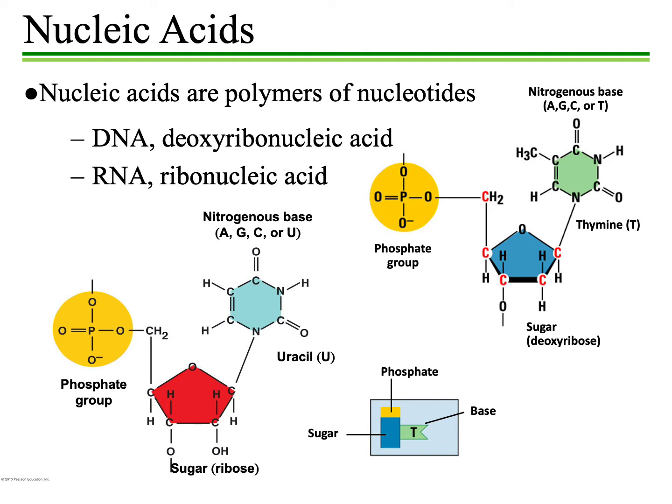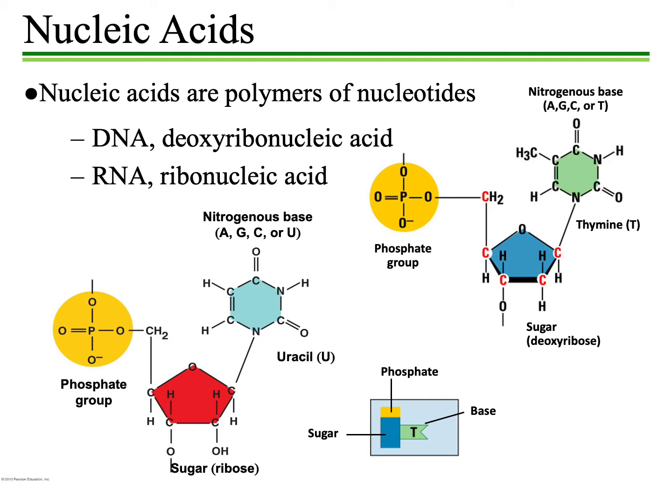In this figure, you can see the nucleotide structure for both a DNA nucleotide as well as an RNA nucleotide, and I'm going to highlight some of those differences here in just a minute. The one thing I want to mention, though, is that every single nucleotide will have a phosphate group, a 5-carbon sugar known as a pentose sugar, and a nitrogen-containing base.